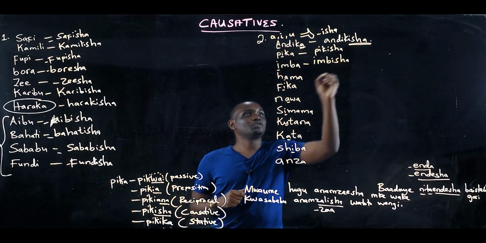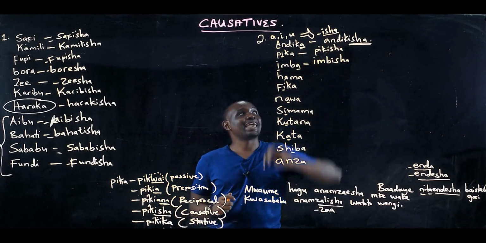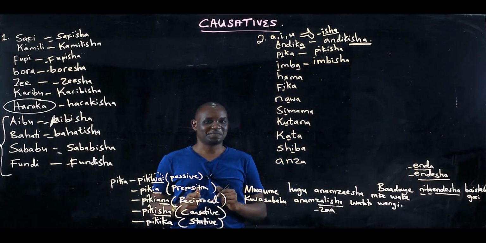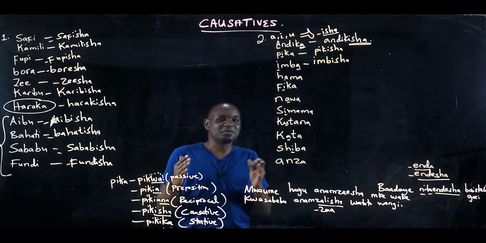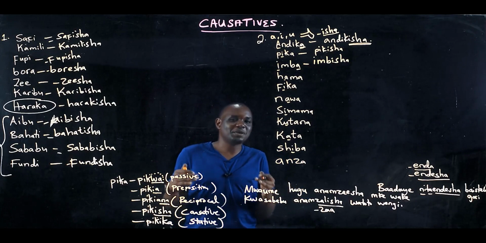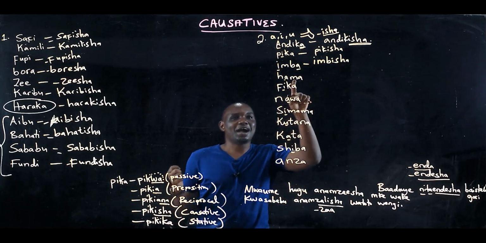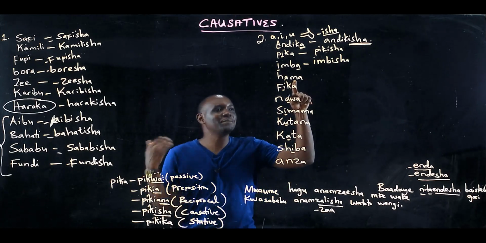Imba is to sing. Imbisha will be, we take away the a and we put isha. So if you look at these verbs, imba, imbisha, you don't say the last vowel and you say isha. Imbisha. So hama will be hamisha.